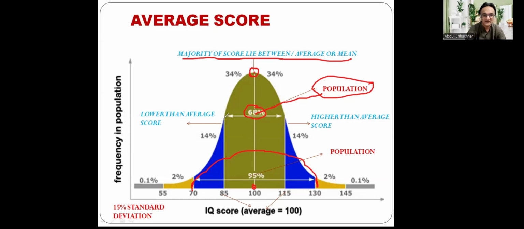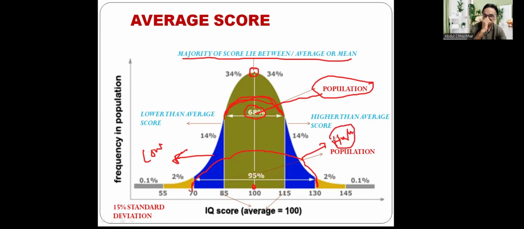And 68% of the population falls between 85 and 115. The left side of the bell curve shows the lower average scores, and the right side of the curve shows the higher average scores. So in this way we can calculate.